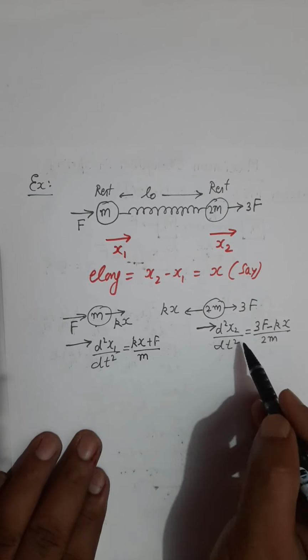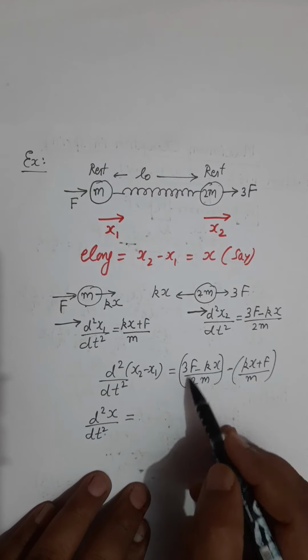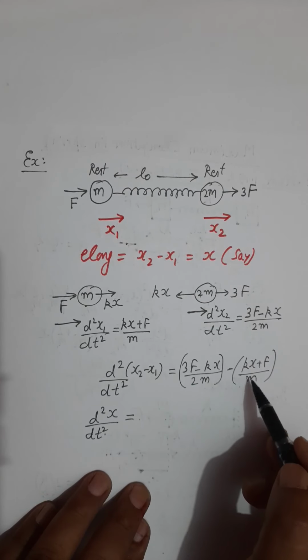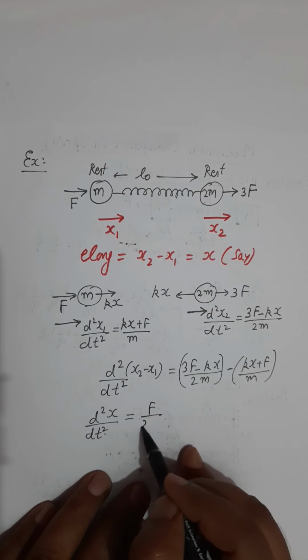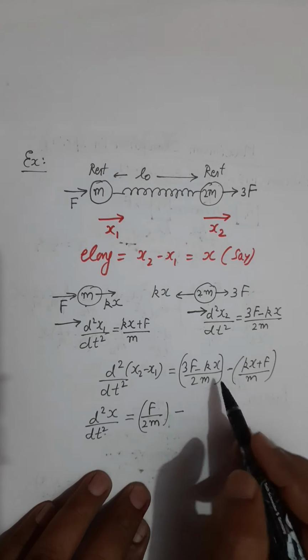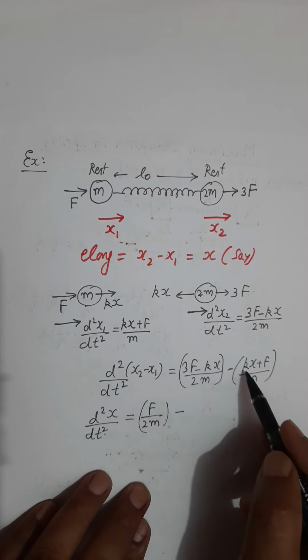x2 minus x1 is the elongation in the spring, which is denoted by small x. And now I get 3F over 2m minus F over m, which is F over 2m. And then I get minus kx by 2m and minus kx by m, which is minus 3k by 2m times x.